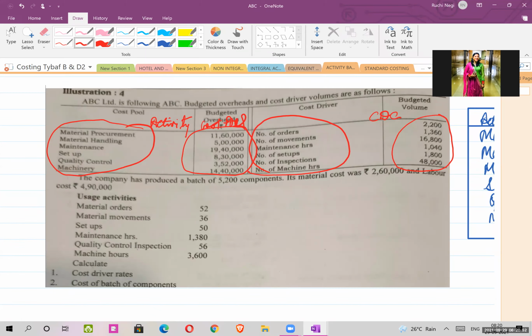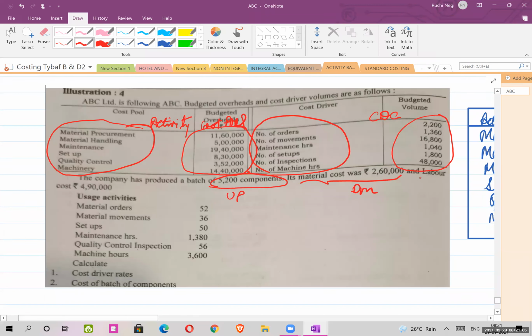Okay, the company has produced a batch of 5,200 components. So these are the units produced. Its material cost, so this is direct material, is 2,60,000, and labor cost, so this is direct labor, is 4,90,000. Usage activities they have given: material orders 52, material movement 36.